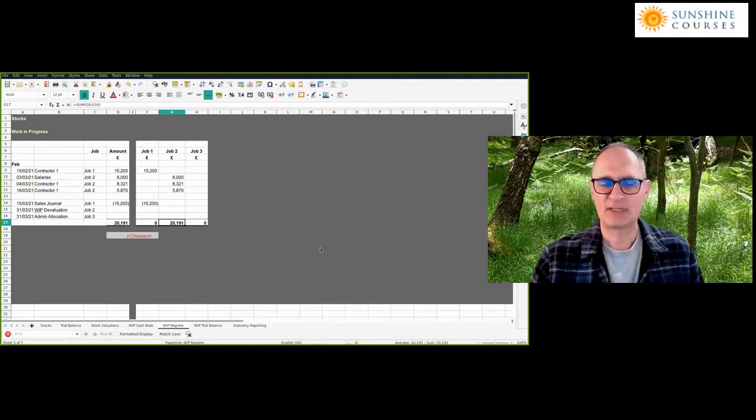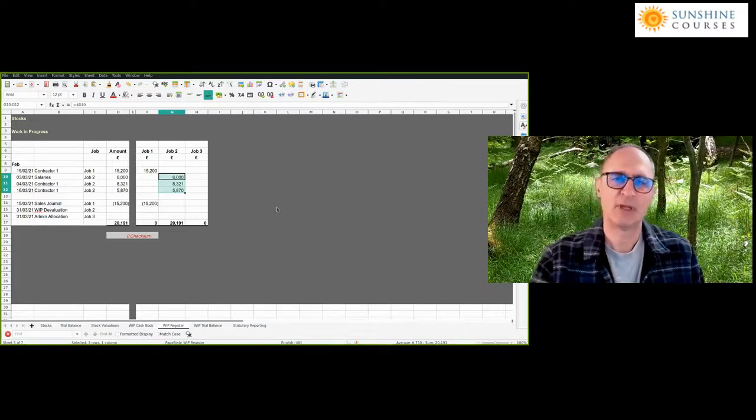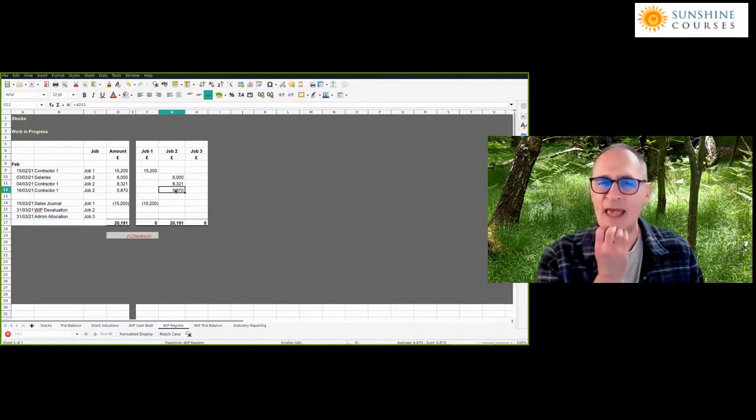Do you remember I was telling you that we have to value stocks not at cost, which is what we're seeing here. We spent £20,000 of costs, but the lower of cost and net realizable value. Now, in this case, whatever's happened to this job has been pretty disastrous because we're only able to charge £10,000 for it next month.